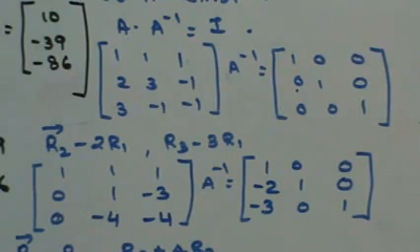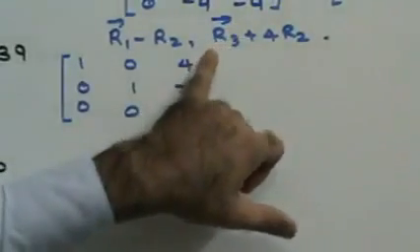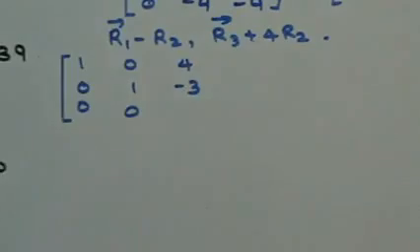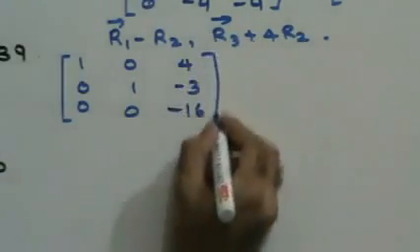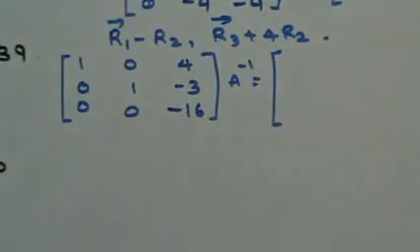Then you have 0, 1, minus 3, R3 plus 4R2, 0 plus 0, minus 4 plus 4, 0. You have minus 4 minus 12. That is going to give you minus 16 into A inverse is going to give you now R1 minus R2.